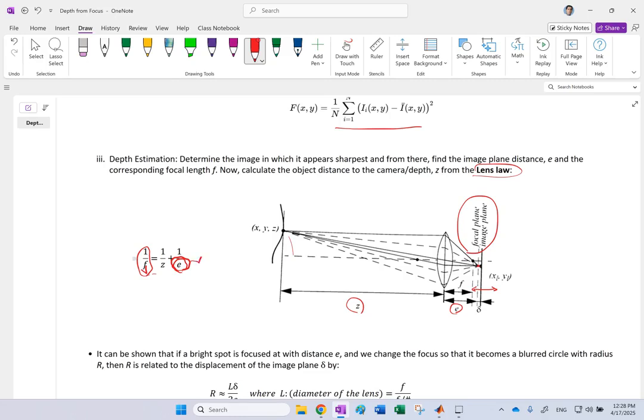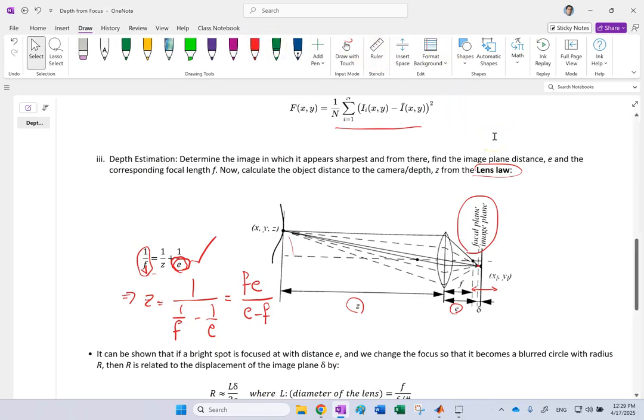So once you have E from those optimizations and you have F, guess what? From here you can easily calculate Z. So Z is going to be 1 over F minus 1 over E. Or if you subtract, it is going to be FE over E minus F. So very simple. You can calculate the depth from here as long as you have these numbers.